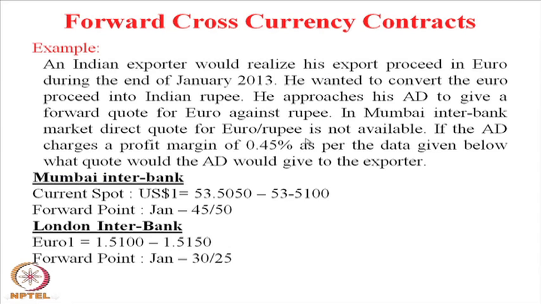So, the authorized dealer will go from the Mumbai interbank market to the London interbank market and decide what is called a cross currency rate. If the authorized dealer charges a profit margin of 0.45%, as per the data given below, what quote would the authorized dealer give to the exporter?